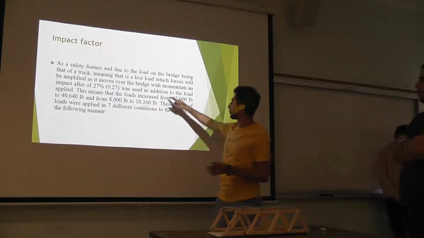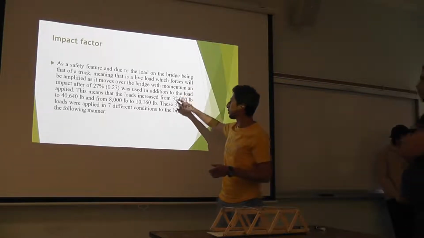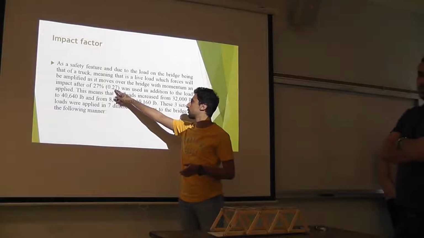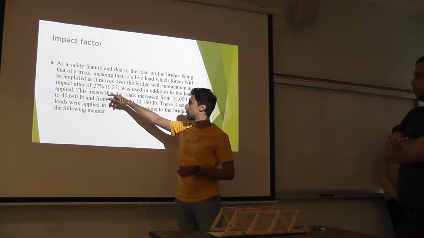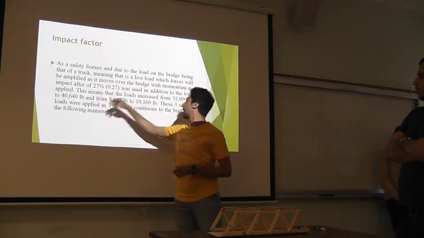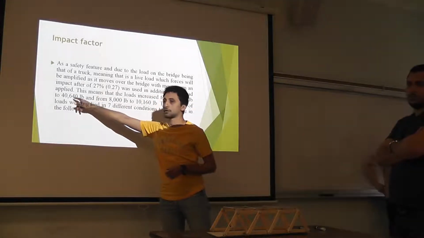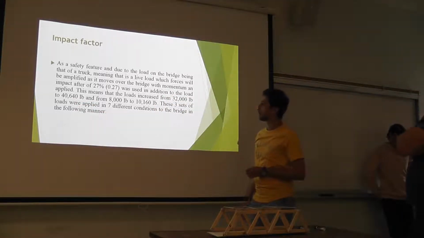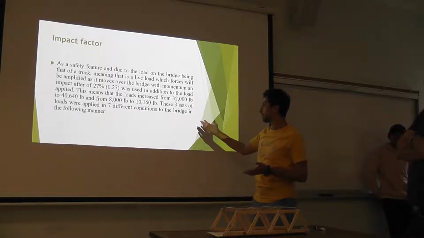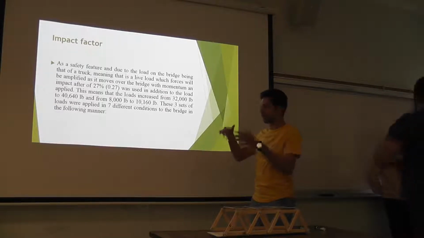The same procedure for the second and third axle of the truck: 32,000 multiplied by 0.27, which is the impact factor, and added to the 32,000, which gives us 40,640. And we did the same thing for each case.